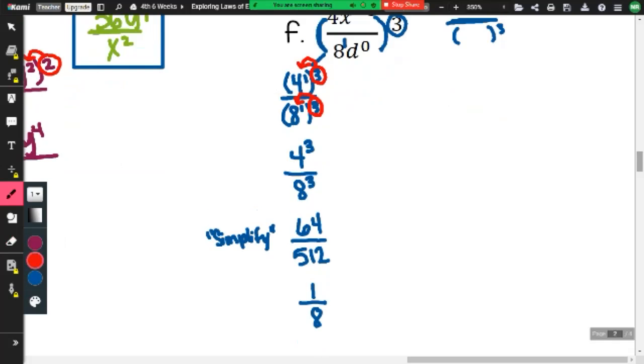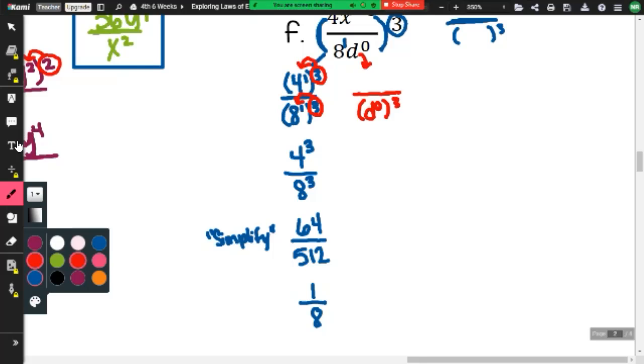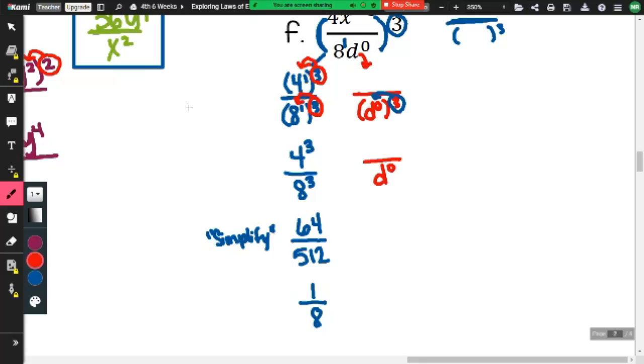Questions on that one? All right, now we're moving on, alphabetical order, to D's. D to the power of 0 is inside the parentheses, but it has what exponent outside? And it's also at the bottom, so make sure you're writing it at the bottom of your fraction. And you multiply those exponents. 0 times 3 gives me 0.